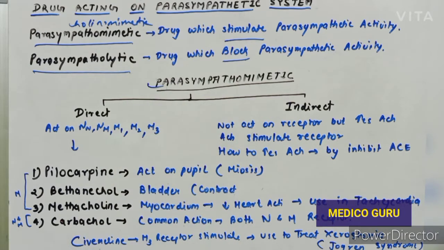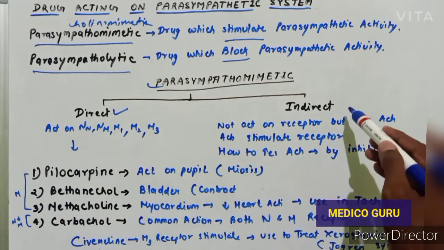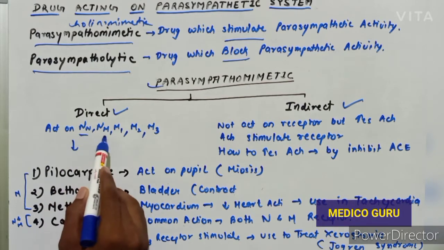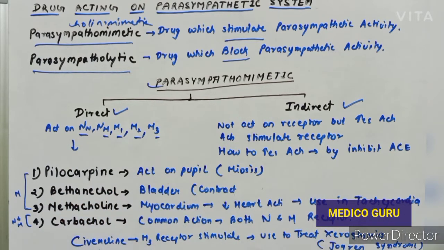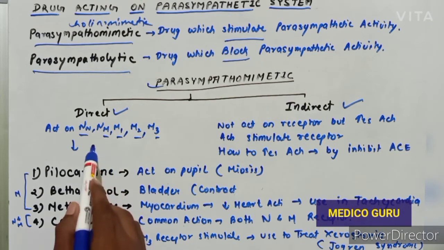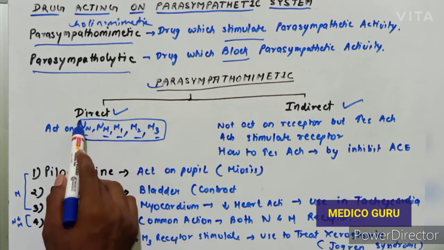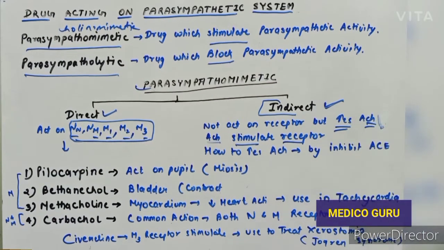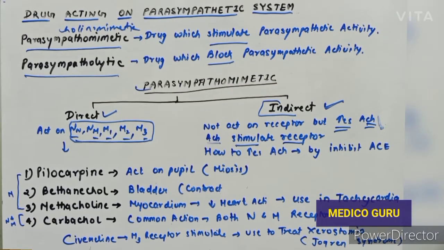Parasympathomimetics are further classified into two types, direct and indirect. The direct drugs act directly on the receptors, that is nicotinic and muscarinic receptors. The indirect ones do not act on the receptor but increase acetylcholine.